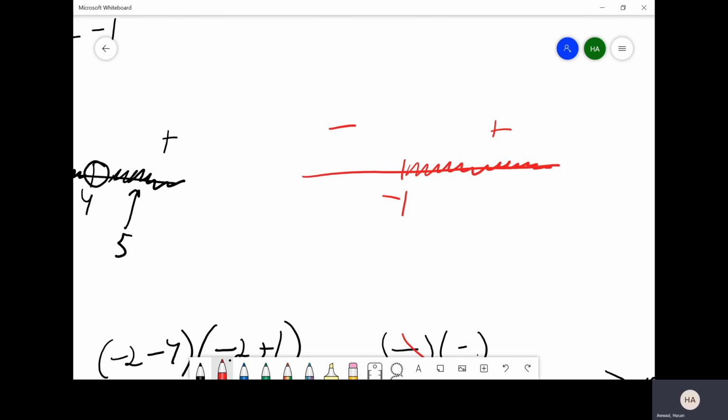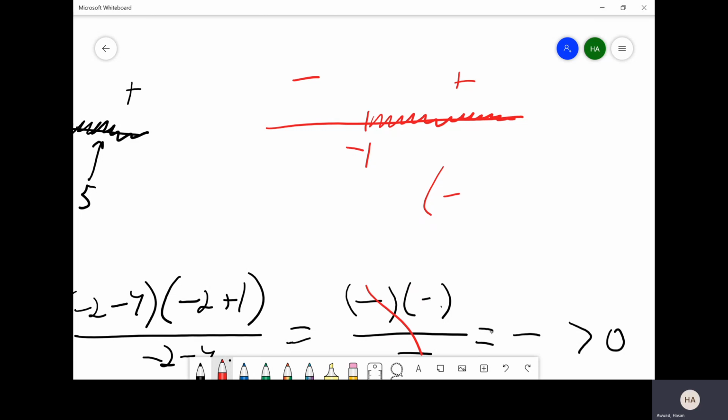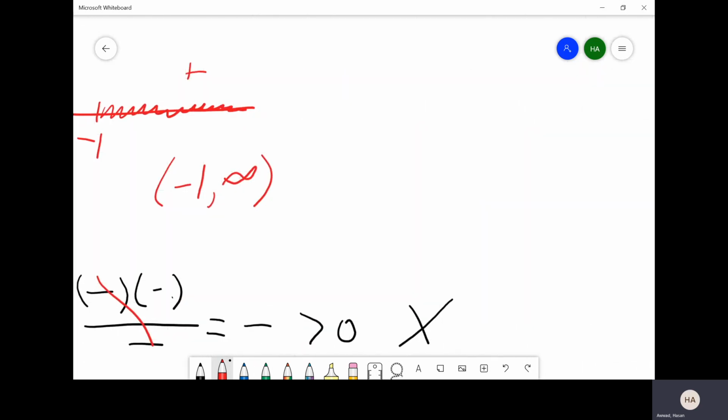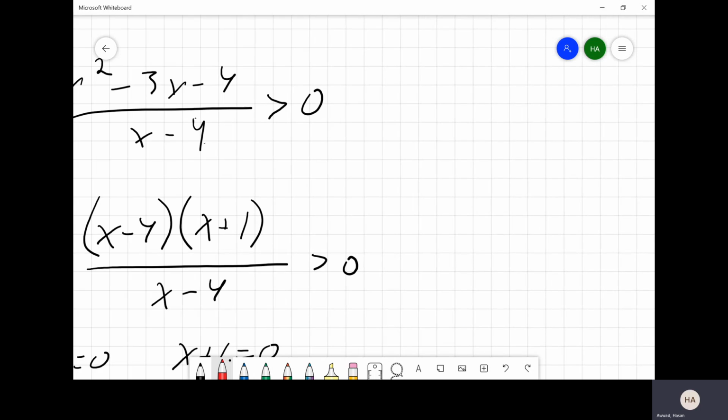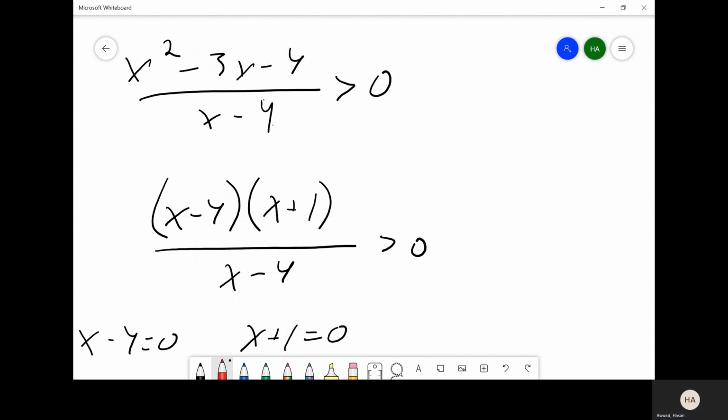So we would have just said our final solution would have been from -1 to infinity, but notice that is not the same as -1 to 4, excluding 4, and 4 to infinity, because at 4 this breaks. Okay, so this is why we can't cross out x minus 4.